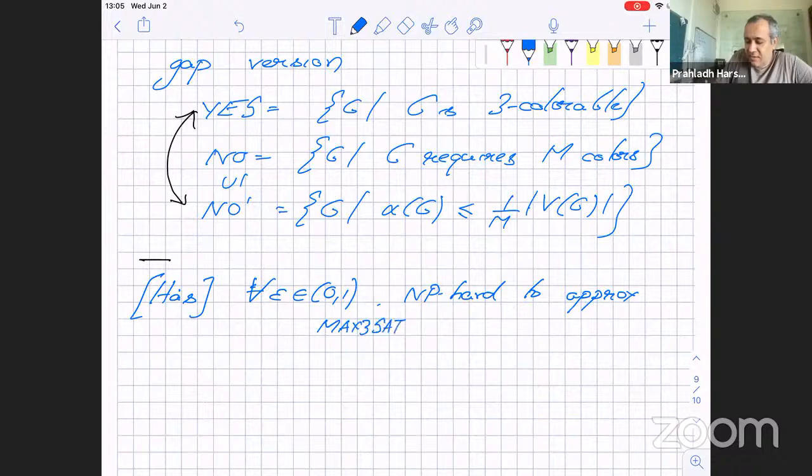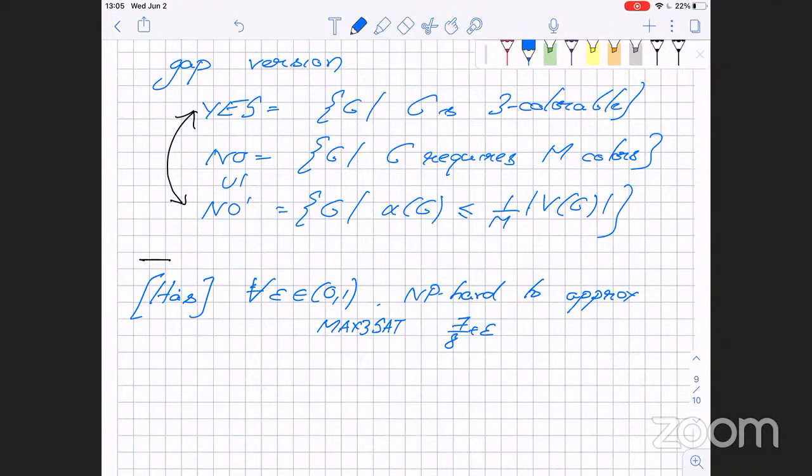So 7 by 8 is easy. So 7 by 8 plus epsilon, anything better than 7 by 8. This doesn't require the strong PCP theorem, just the usual PCP theorem which we know how to prove. From that you can prove this.